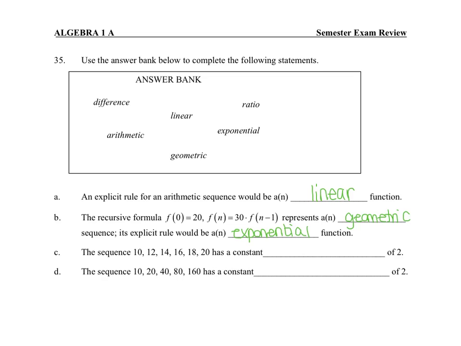The sequence 10, 12, 14, 16, 18, 20 has a constant difference of 2. We know this because it's adding 2 every time. And the sequence 10, 20, 40, 80, 160 has a constant ratio of 2 because it's multiplying by 2 every time.